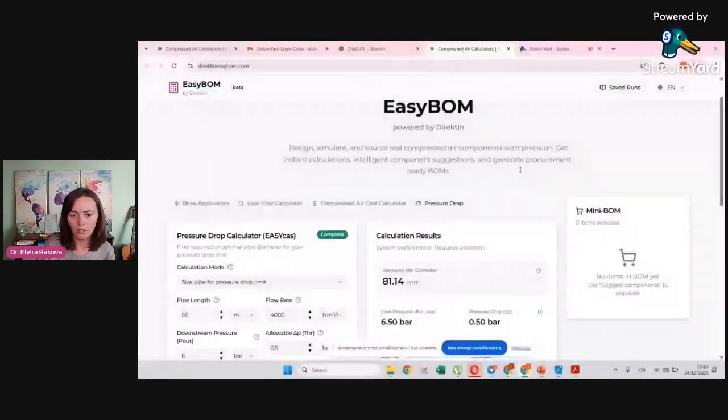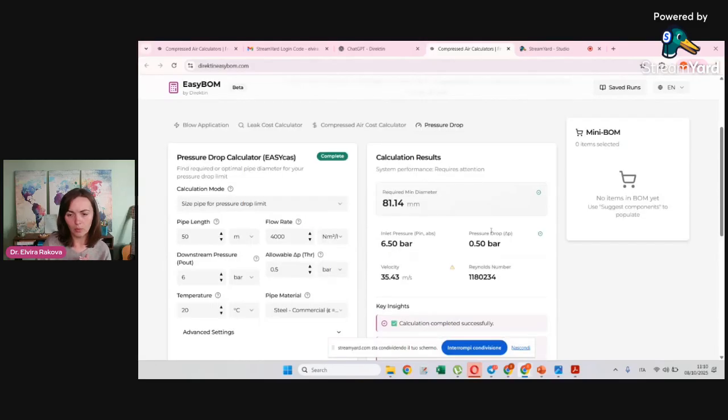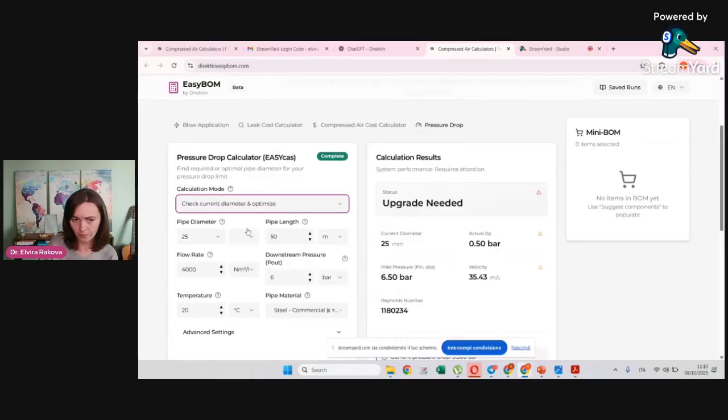Okay. So you can go into our website, and basically for the piping, what is extremely important, of course, undersizing piping will cause your pressure drop. So you can check the diameter for the optimization of the pipe.